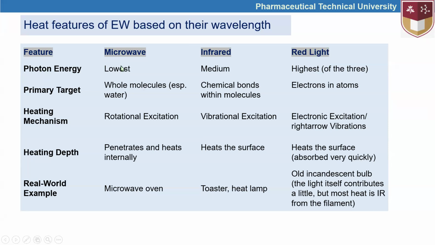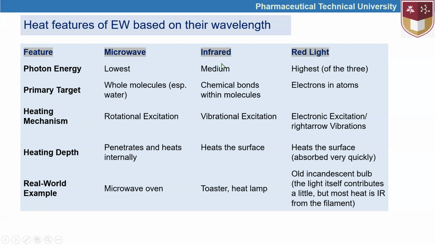Photon energy in microwaves is the lowest among these three types of electromagnetic waves, because microwaves have the highest wavelength. As we talked about, the smaller the wavelength, the higher the photon energy; the higher the wavelength, the smaller the photon energy.